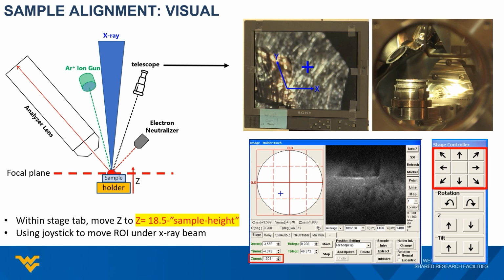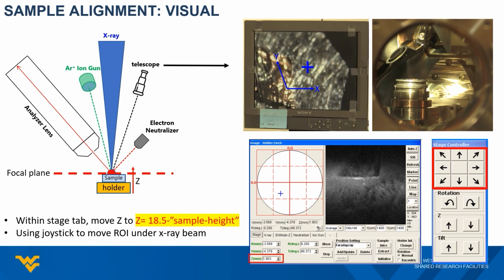So starting from the loading position. First, we will need to manually move the sample to a Z position which is very close to the focal plane. And the Z value for that position could be estimated using this equation highlighted in yellow.